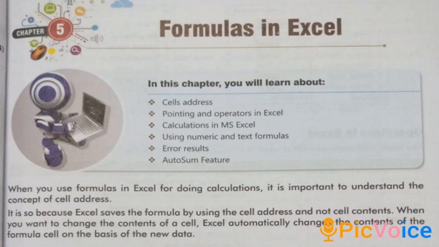Excel saves the formula by using the cell address and not by cell contents. When we want to change the contents of a cell, Excel automatically changes the contents of the formula, and this is the basis of the new data.